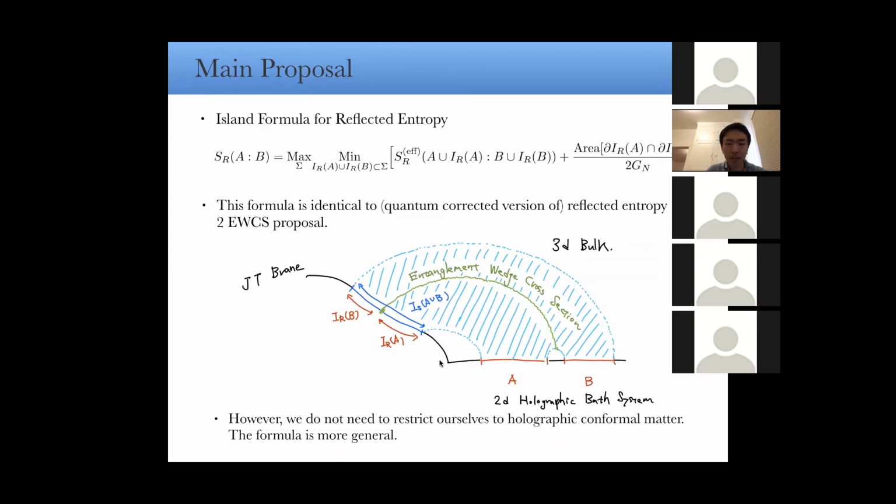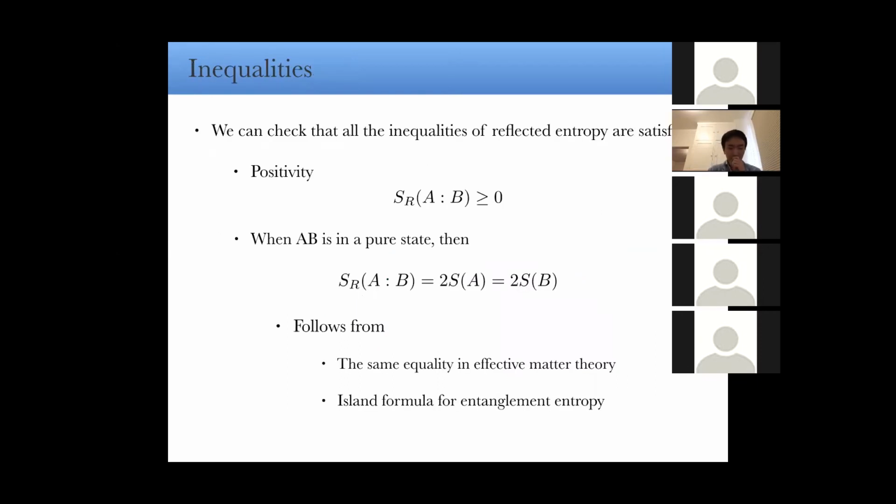And the dividing surface, which divides the JT brane into two regions, has the same endpoint as the RT surface corresponding to subregion A. I'll come back to this in the last section.